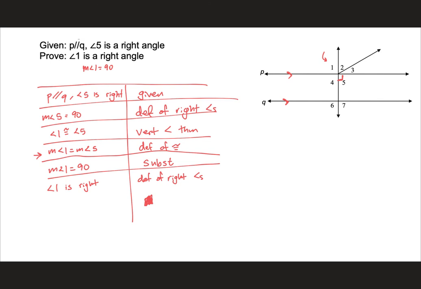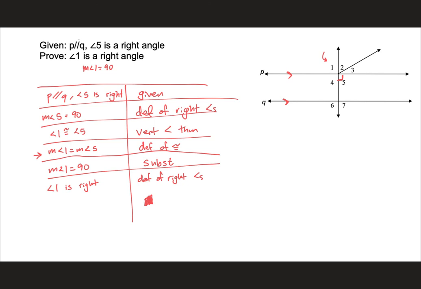So as you're looking at my proof, I started off with my given. But then I said the measure of angle 5 is equal to 90 because of the definition of right angles. That's how I knew. And then I knew that the two angles, like I said earlier, 1 and 5, were congruent because of the vertical angles theorem.